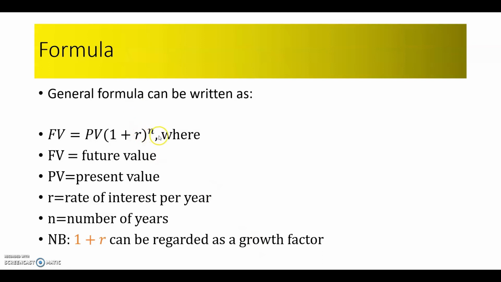So, from the previous work that we've had, the general formula can be written as FV is equal to PV, then in brackets, you've got your 1 plus R, to the power N. PV, when we go back to our example, is the 10,000 that we had. R is the interest rate, which is 0.45. And N refers to the number of years, which is 2 years in the previous example.